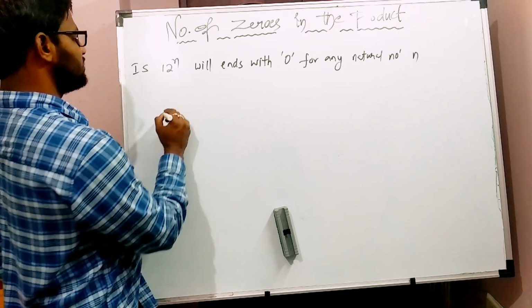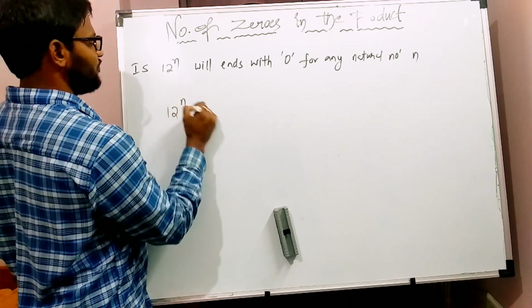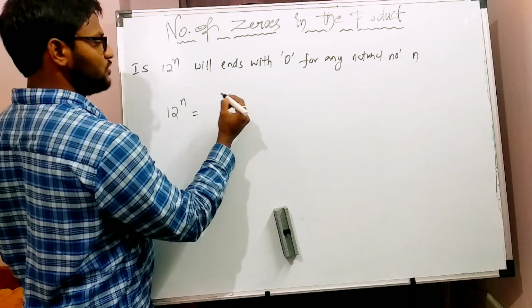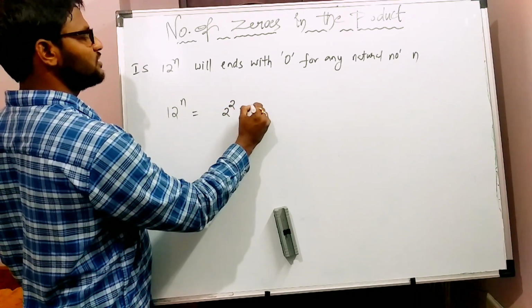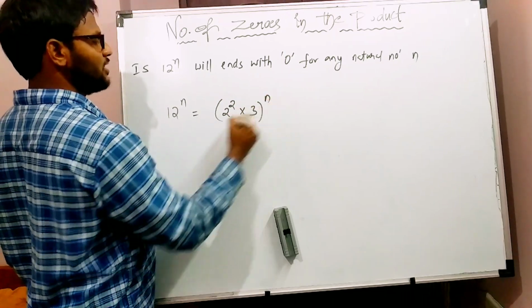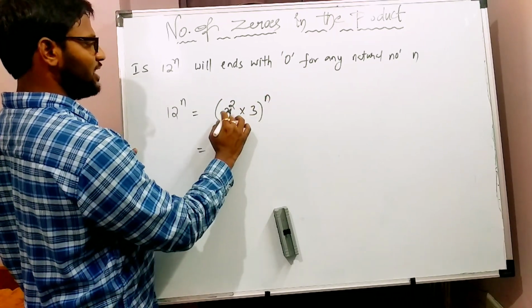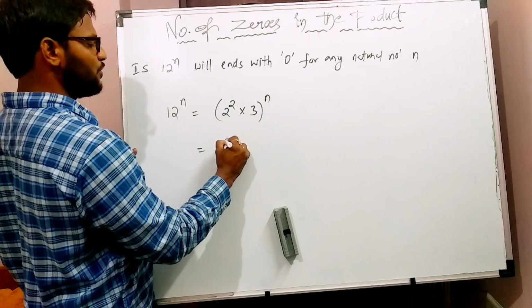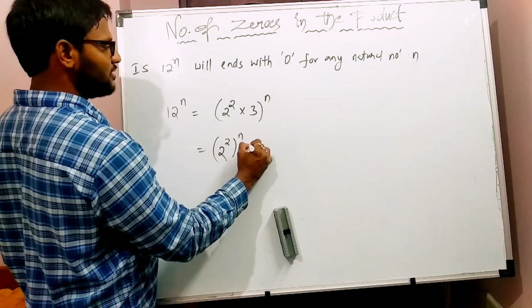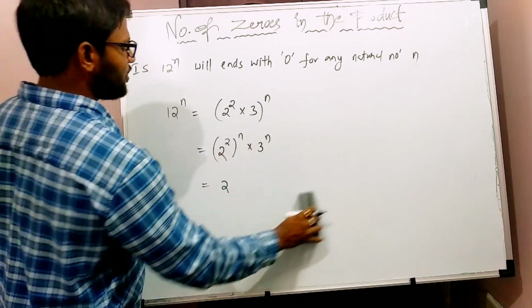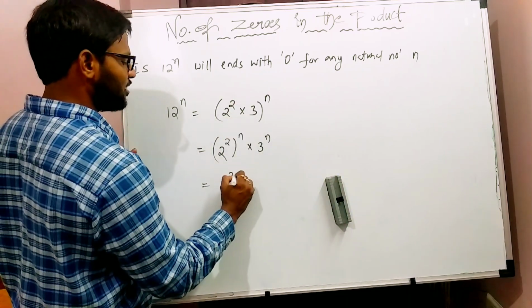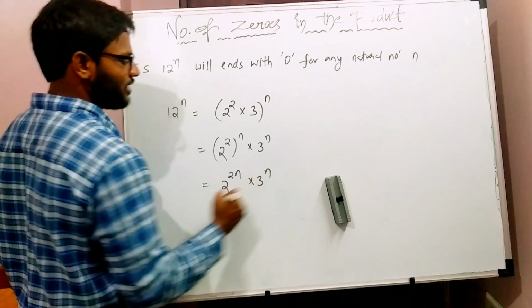See this 12 power n. If I factorize this 12, we can write 3 fours, 4 is 2 square. So 2 square into 3, whole to the power of n. So if I simplify, (a into b) whole power n equals a power n into b power n. So 2 power 2n into 3 to the power of n.